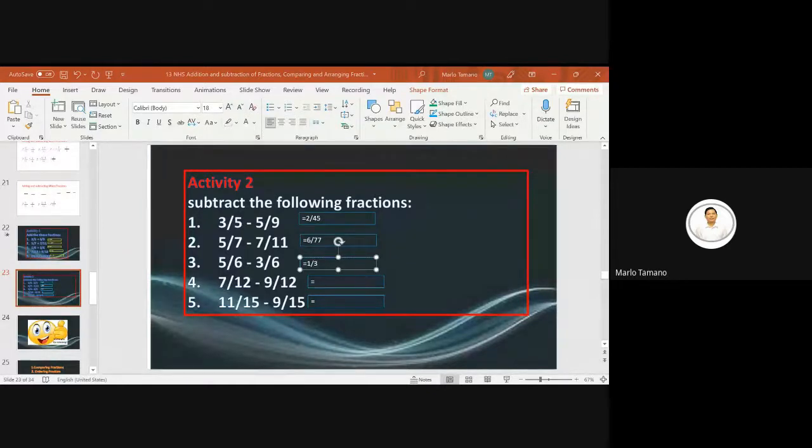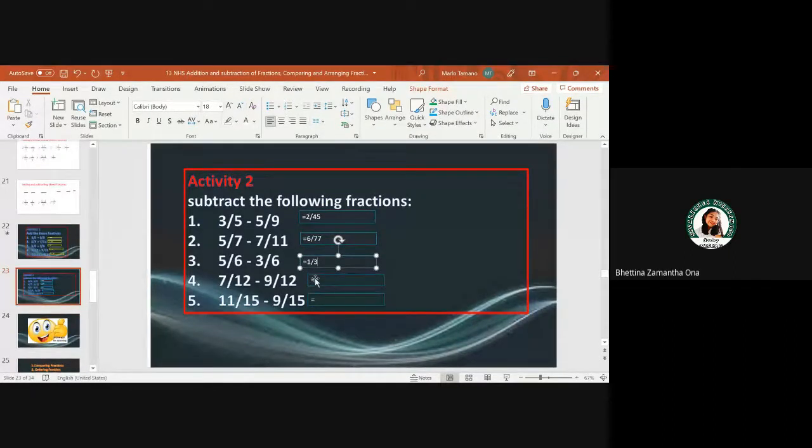Next number. Bettina. 1/6 po. Is it 1/6? -1/6 po. -1/6. So, mas mataas po yung 9/12 kaysa 7/12. Okay po?